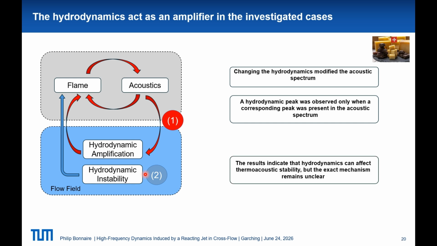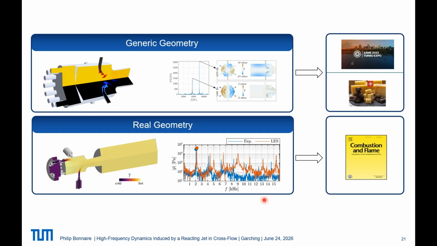So the results of this paper showed that we have indications that the hydrodynamics can actually affect the thermoacoustic stability, but it still remains unclear what the exact mechanisms are. But luckily, we had one more shot, and this was the real geometry.